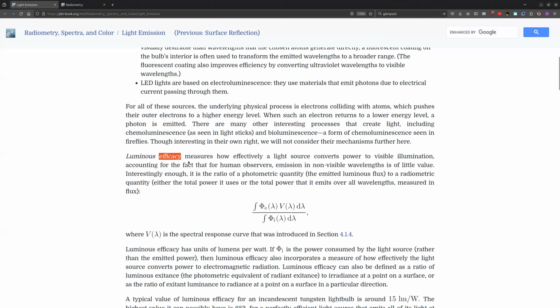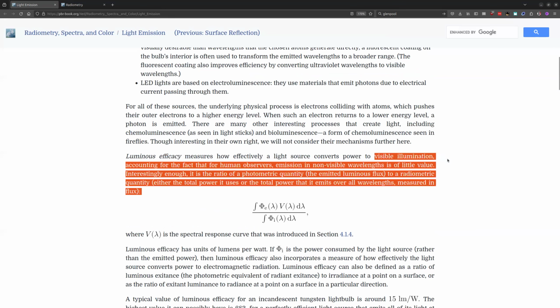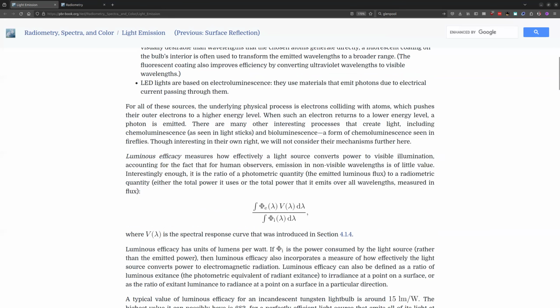Luminous efficacy. How effectively a light source converts power to visible illumination, accounting for the fact that human observers' emission in non-visible wavelengths is of little value. It is the ratio of a photometric quantity to a radiometric quantity.